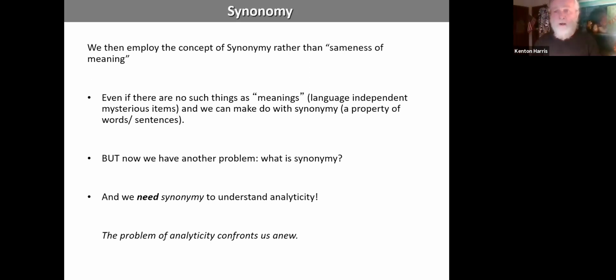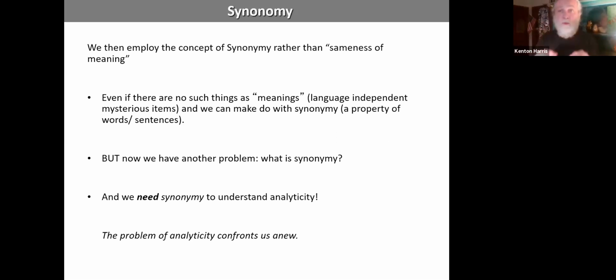We don't have to talk about sameness of meaning. We can simply talk about how these terms are deployed and what rules govern their usage in the language. Anytime I use the word bachelor, I could take that out and plug in unmarried male and I would be doing okay. That's allowed, that's a licensed move.